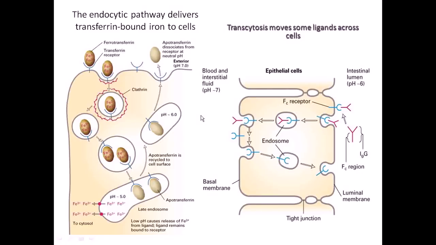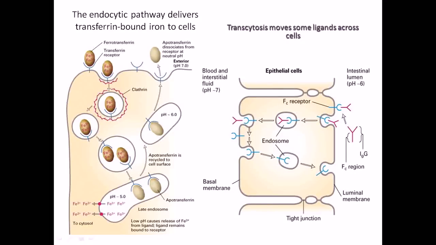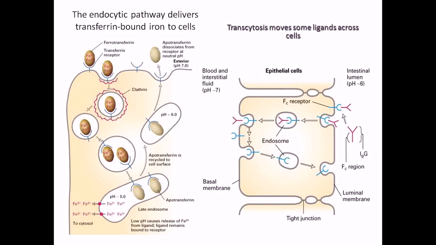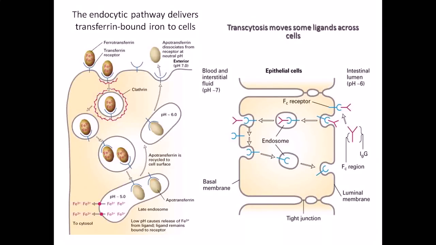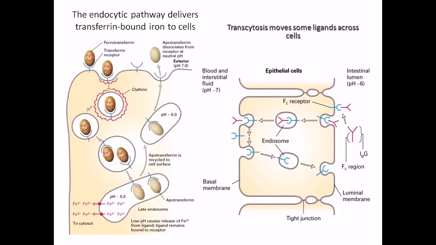Those cells are macrophages and many other cells. They will kill the bacteria, and that's how they can figure out whether there is any kind of infection going on in the intestinal lumen or not.